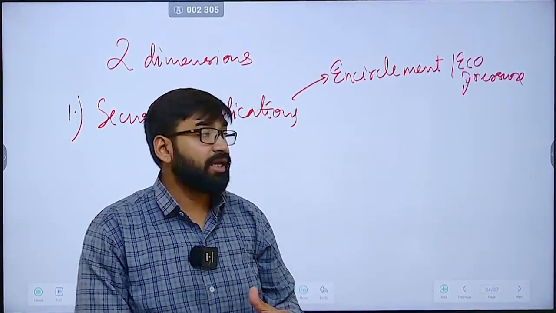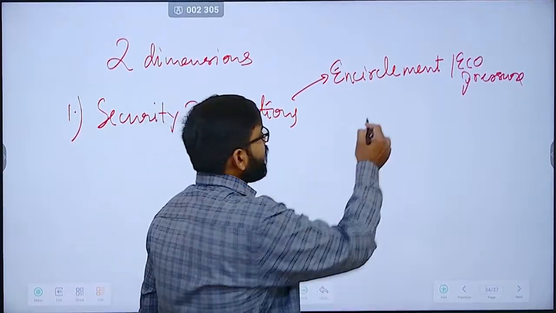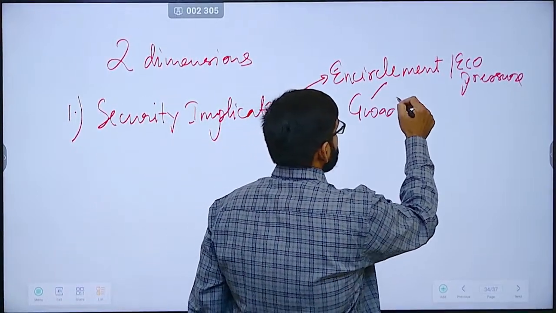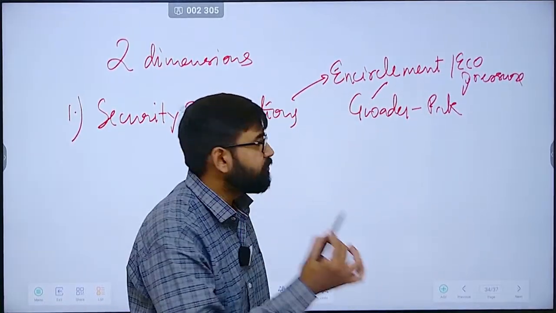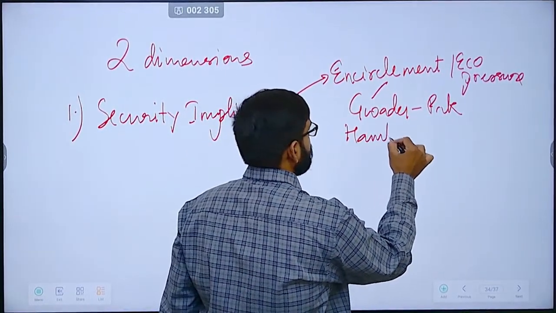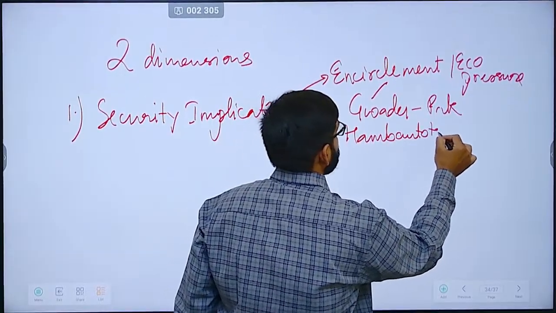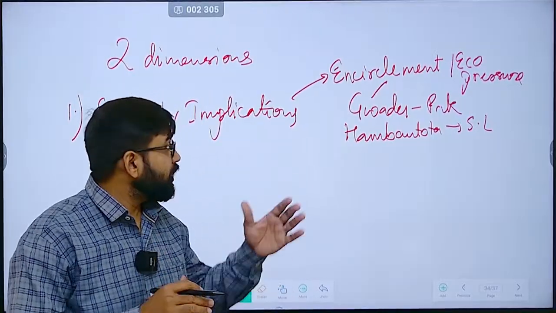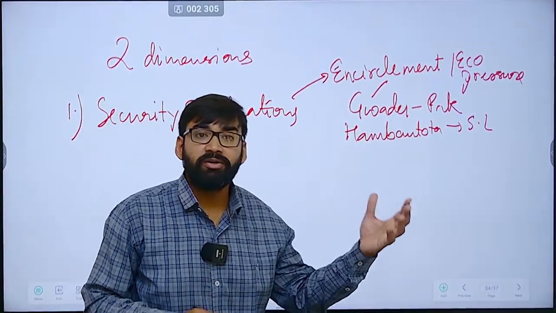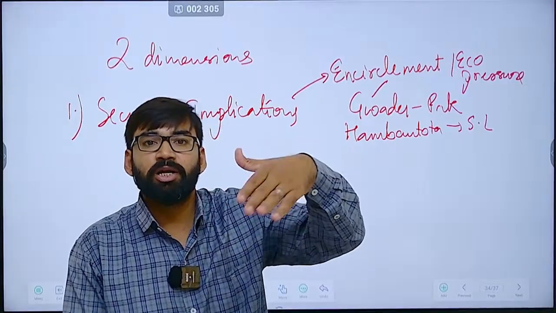Clear? Then you can give the example of Gwadar in Pakistan. Then you can give the example of Hambantota in Sri Lanka. Then the increasing presence of China in Maldives. Clear? Chinese engagement with Bangladesh.